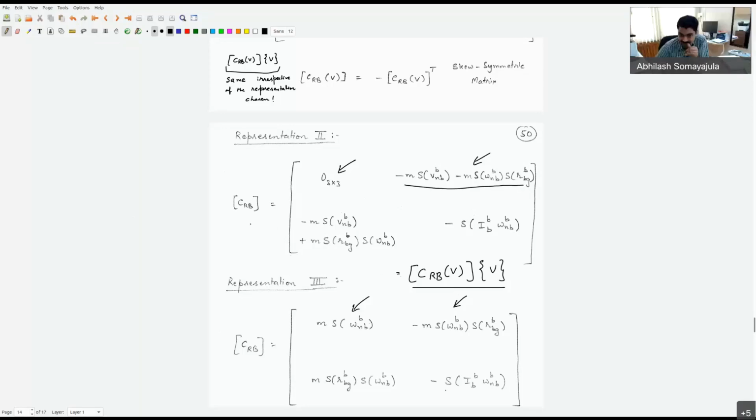No, I mean the CRB, in representation 2, we can write it as a sum of the symmetric parts. Those two will be the same thing, and the other two will be like the symmetric and the skew symmetric, that kind of thing.